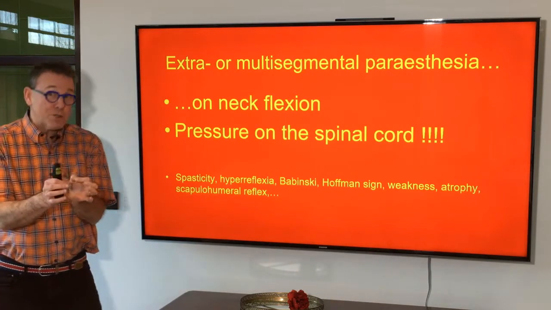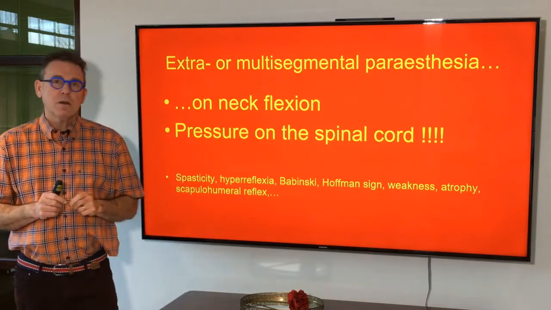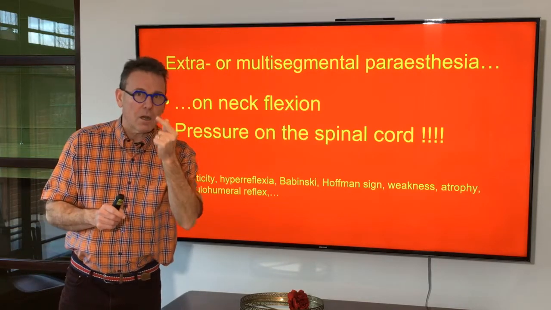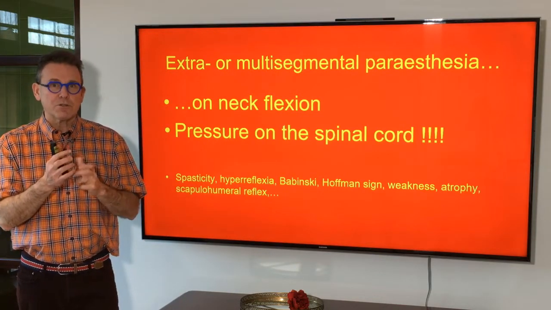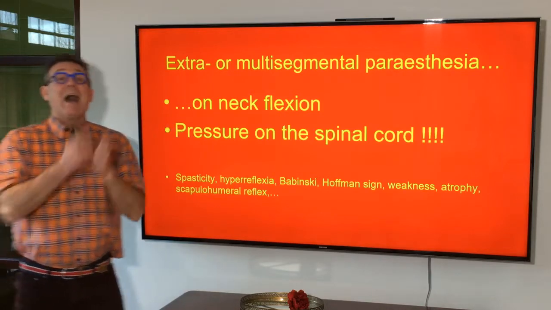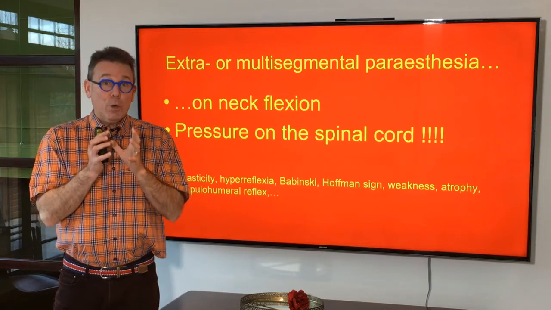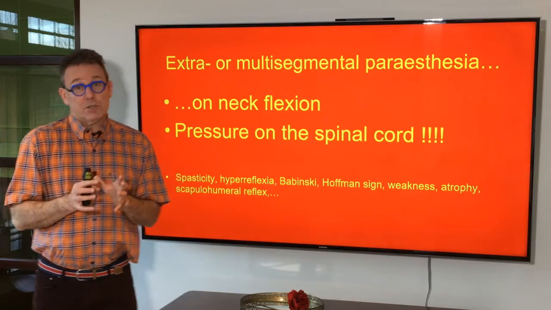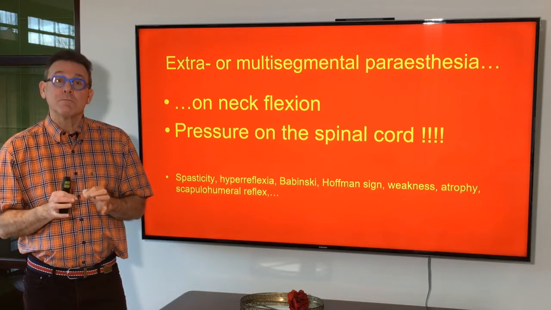Spinal cord compression could be asymptomatic, but it can change very rapidly. So if you find elements that go in that direction, and if the patient has an internal derangement, well, certain manipulation techniques are going to be absolutely forbidden.